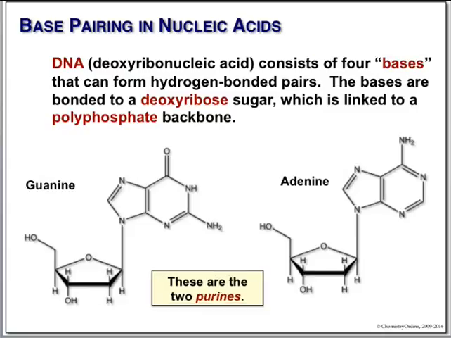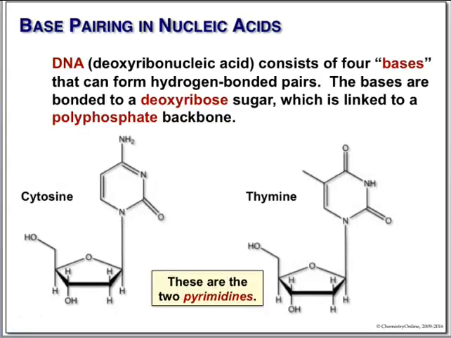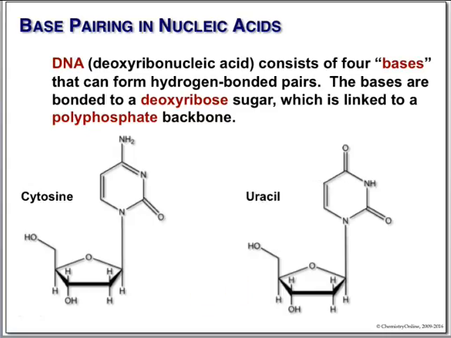What we do is link this deoxyribose to a base. These are purines, so there are 2 rings fused together, guanine and adenine. The other pair of bases look like this. They're 6-membered rings: cytosine, thymine, and if we're dealing with RNA, we get uracil.